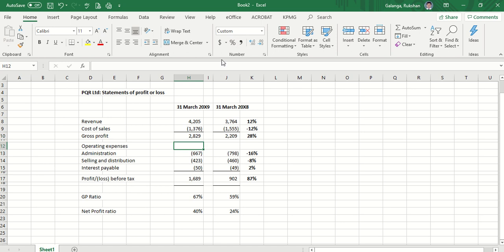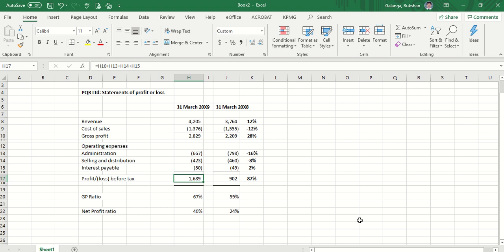So when you look at this question, when you look at this scenario, right, you can identify there are unusual patterns in the financial statements, right? Look at this. Their revenue has increased by 12%, but the profit has increased by 87%.